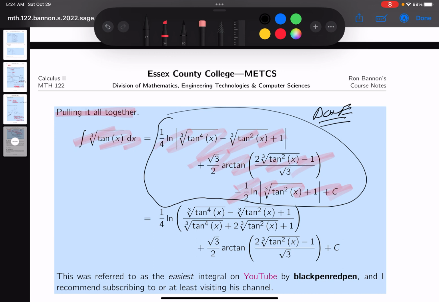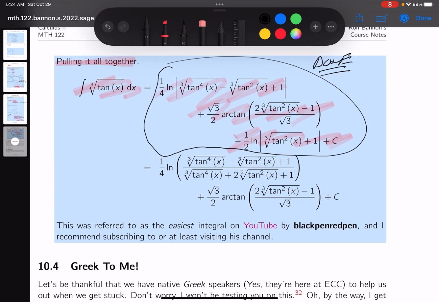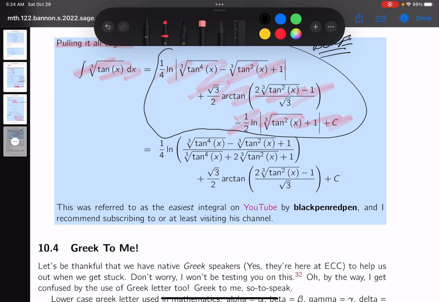However, what some students might want to do is simplify this. Now, I'm not going to simplify it. I'm sorry, I did simplify it, but I want to point out that I once went on the web and saw this problem being presented. And the guy presenting the problem, he's really good, by the way. I do recommend that you look this guy up. Black pen, red pen. He's pretty good with his use of pens, by the way. That's what he calls black pen, red pen. YouTube channel, has a lot of YouTubes over there.